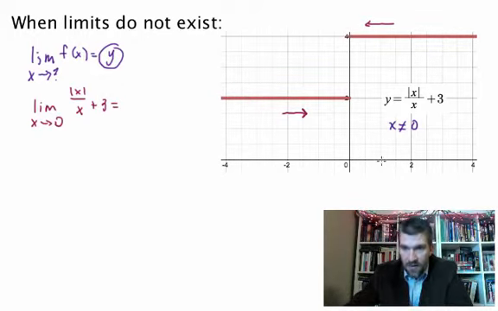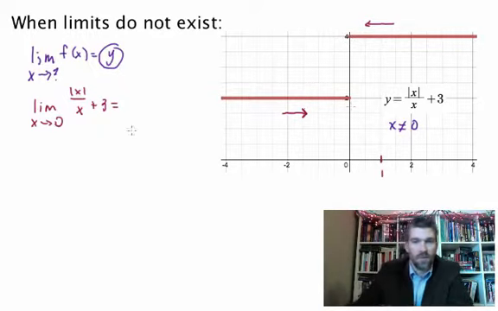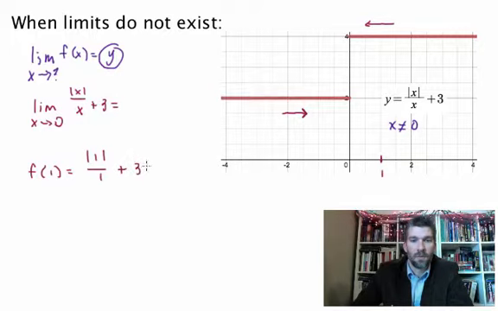That'll give us this value right here. So if x is 1, and notice we've got a straight line, if we put 1 in, that'll tell us what our y value is. So if we look at f of 1, I'm going to have the absolute value of 1 divided by 1 plus 3, and that's going to give me a y value of 4.